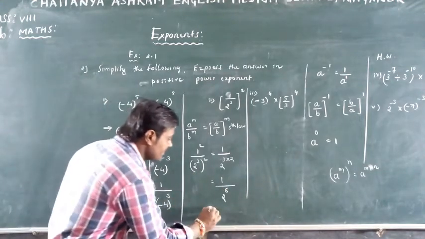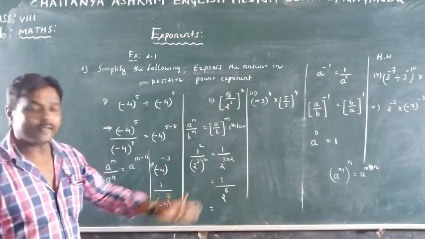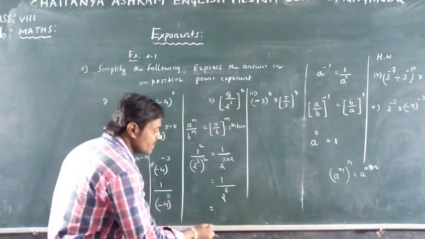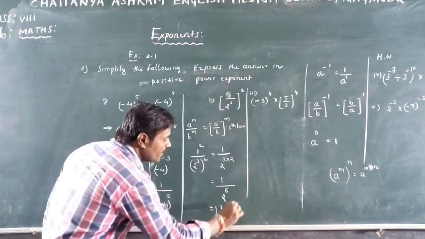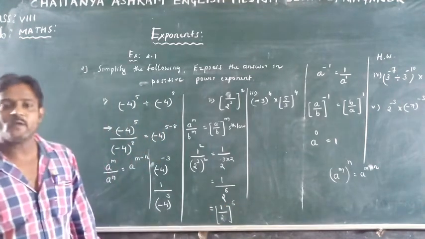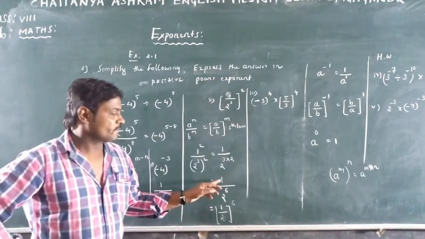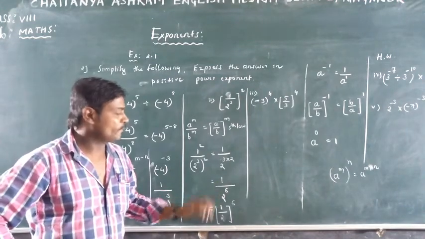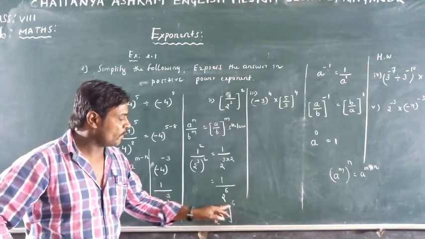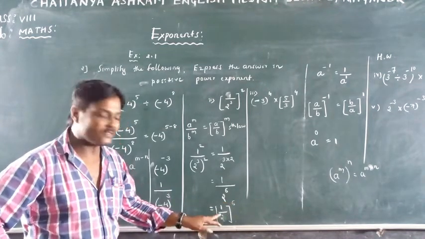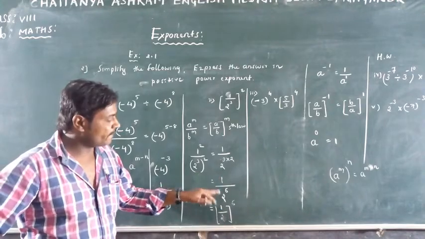Then this we can write 1 by 2 whole raised to the power 6. Yes or no? So this 1 by 2 whole raised to the power 6 is same as the previous step, 1 by 2 raised to 6.